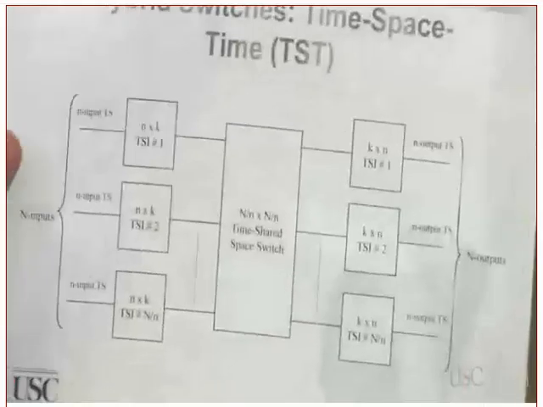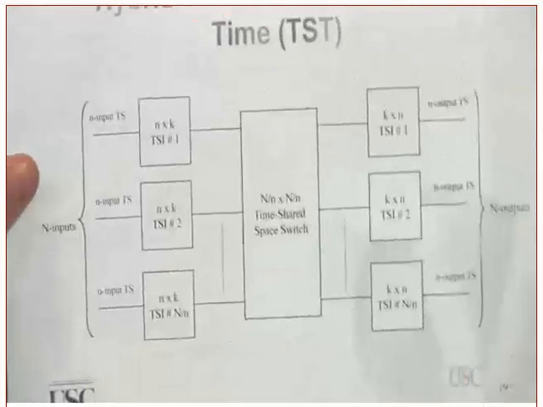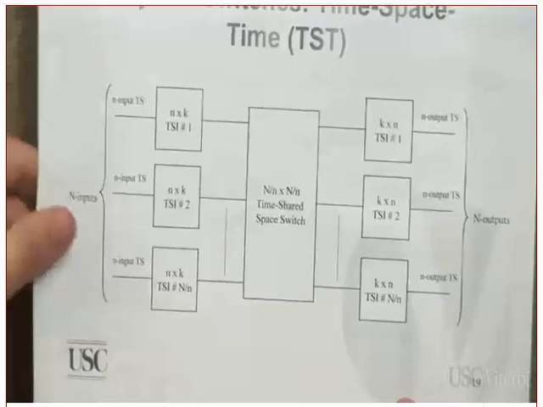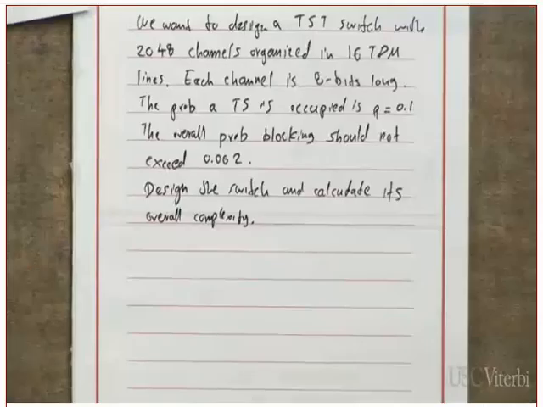First of all, what is given? We have 16 TDM lines, right? So N is 16. What about n small? We have 2048 channels, and we organize them in lines, and each line is 8 bits long.